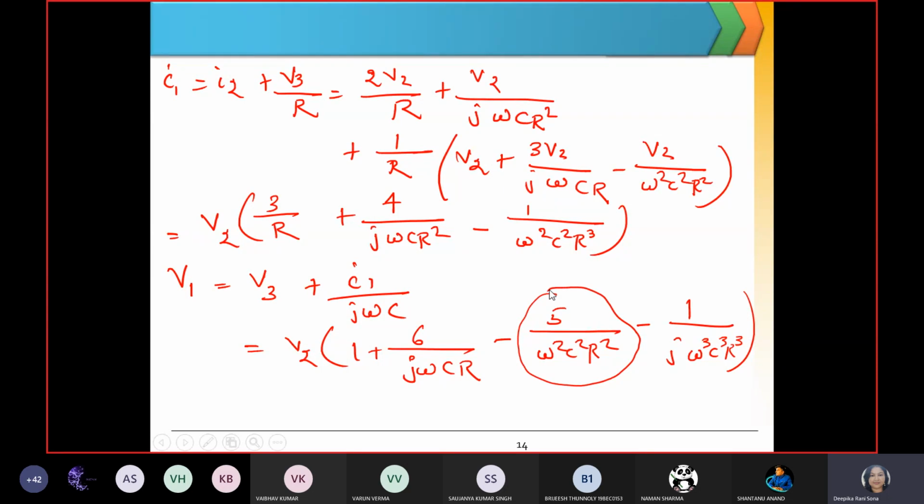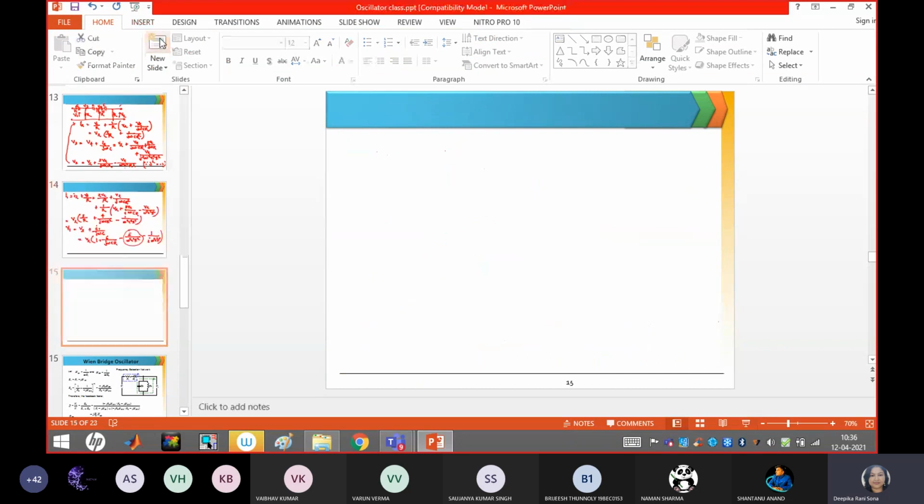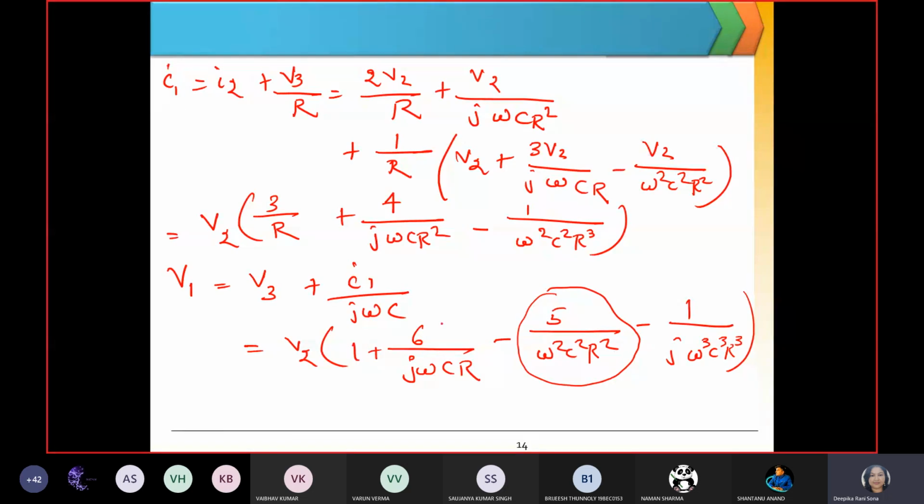Now we have to take the gain of the equation, because we know that the output can be solved by making the imaginary part 0 and solving the real part. So imaginary part first I have to make 0. In the previous equation, just have a look, what are the imaginary parts?